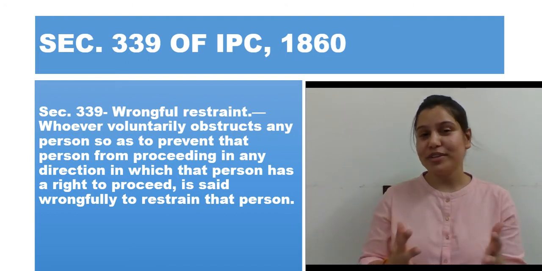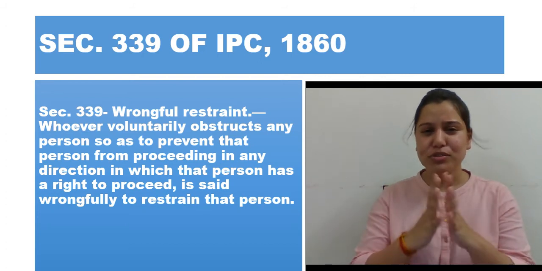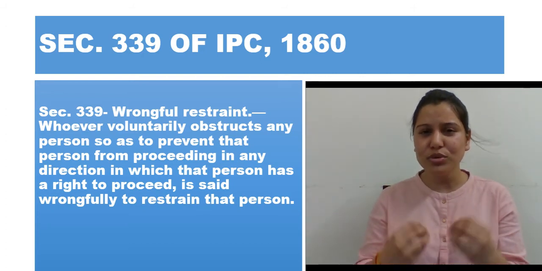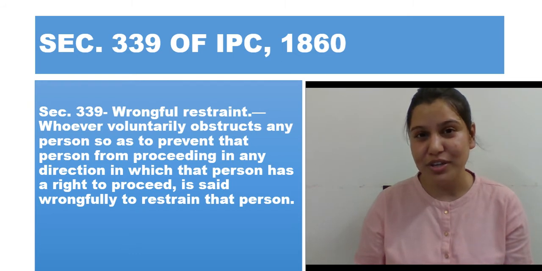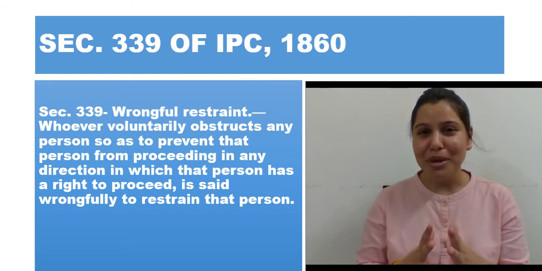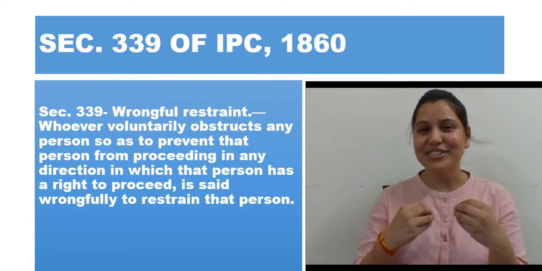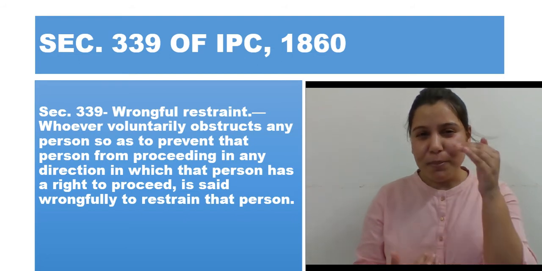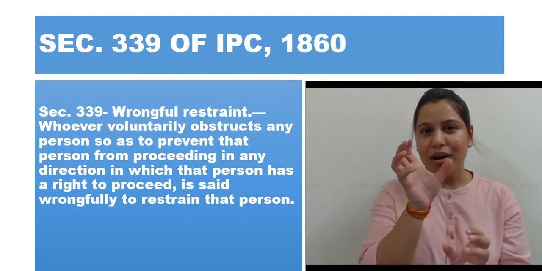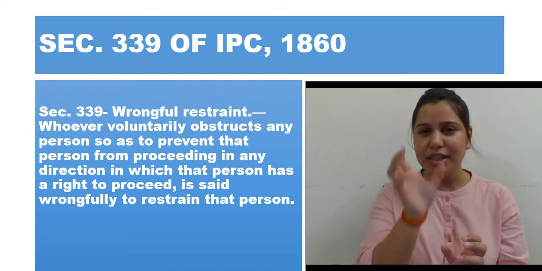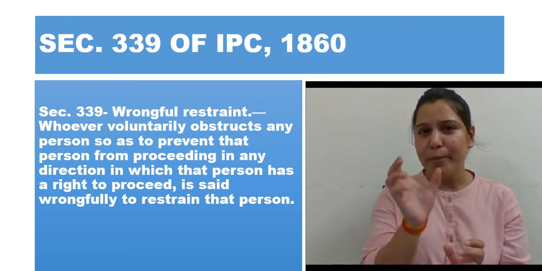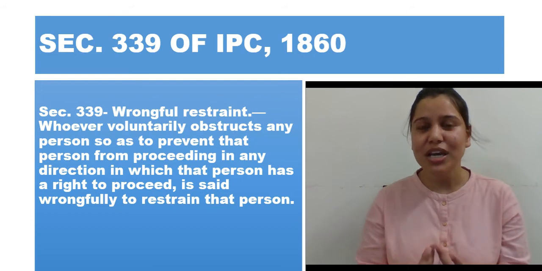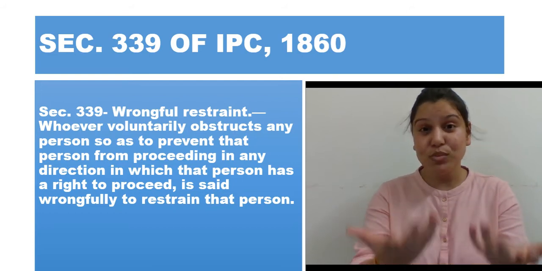Now, as I always say, the definition comprises many important terms, and those terms actually make the definition. If you remember, we always see the ingredients of the section. We break the section into lines, and there we put some important ingredients which actually make the section what it is.